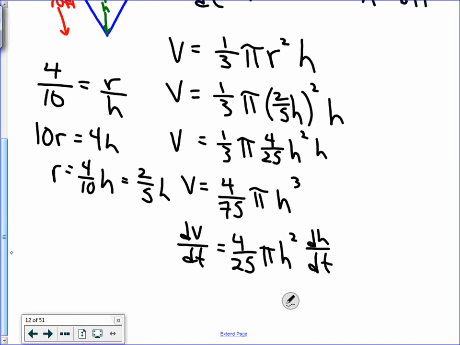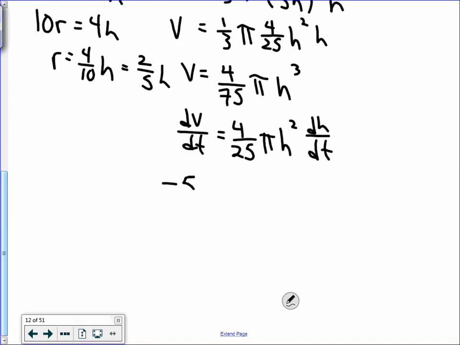Sorry, guys. H is 6, and that's -5. Then I would just put in -5 for dV dt. We're putting in 6 for the height. And we're going to solve for dH dt. So 36 times 4, that's 144.